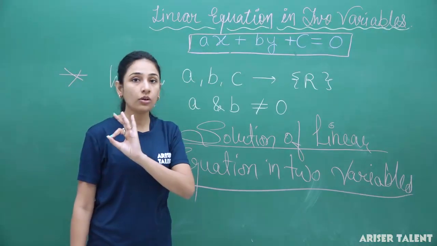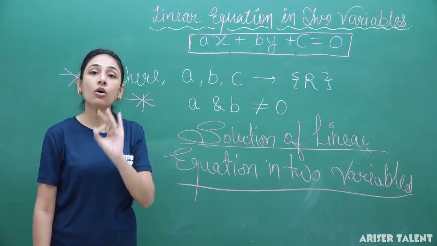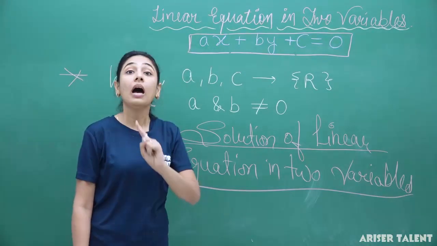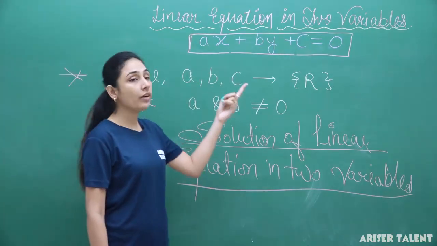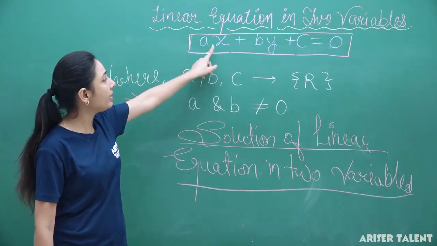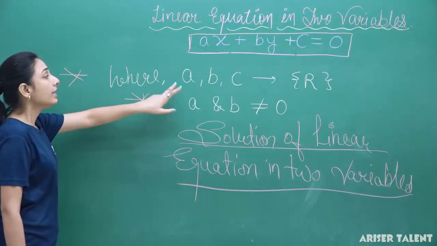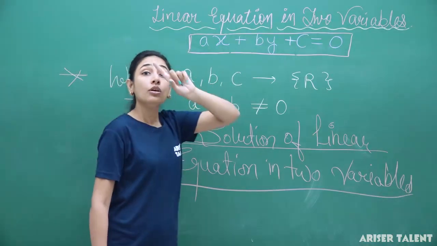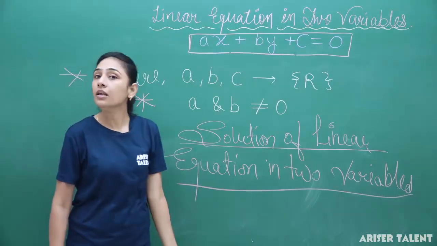We cannot have squares, cubes or any higher powers, we can only have 1 as the highest power. Then to be in two variables, we have two variables here. So the format is ax plus by plus c equals to 0, and here a, b, c must belong to the real numbers and a and b cannot be 0.